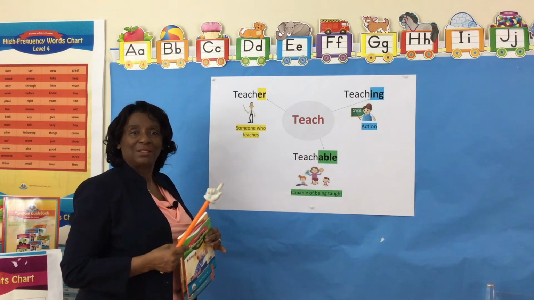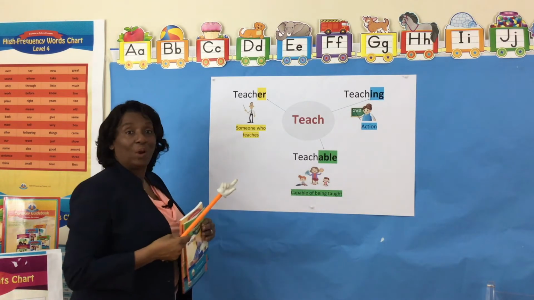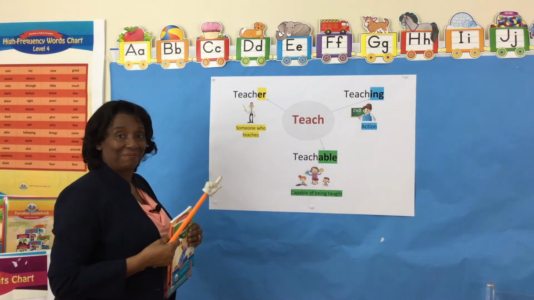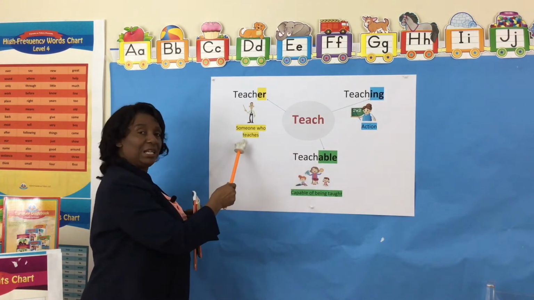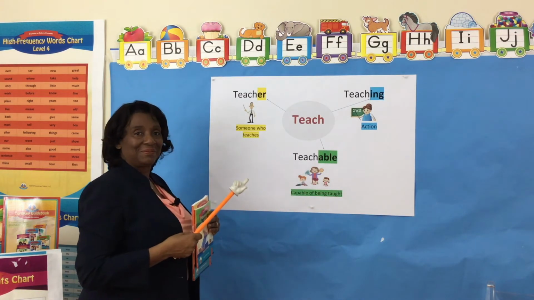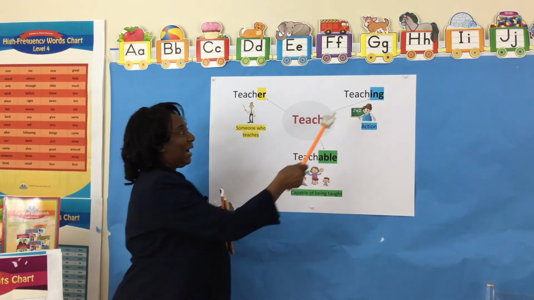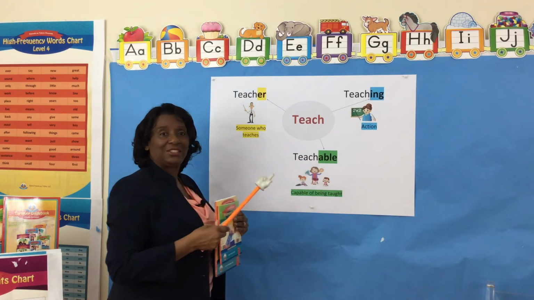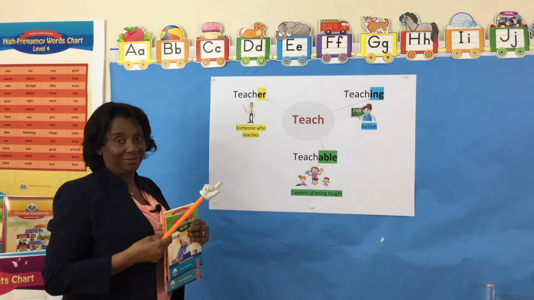But after you have a discussion about teach, add ER. Ask your child, what does the new word mean? The new word is teacher. What does that new word mean? A teacher is a person who teaches. Okay. Next, add ing to the word teach and ask your child to explain the new word teaching.